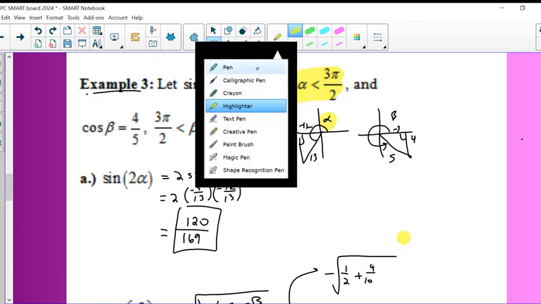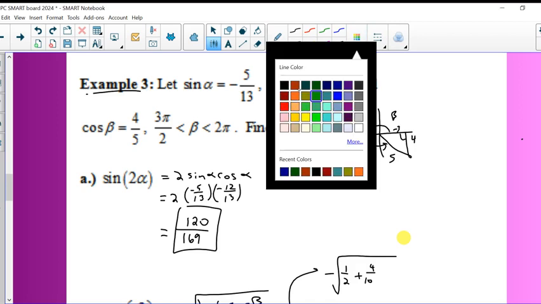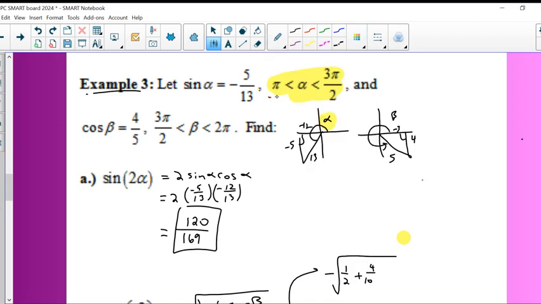So we can easily divide that entire inequality statement by 2, so we can solve for alpha over 2. So that tells me that pi over 2 is less than alpha over 2, which is less than 3 pi over 4.